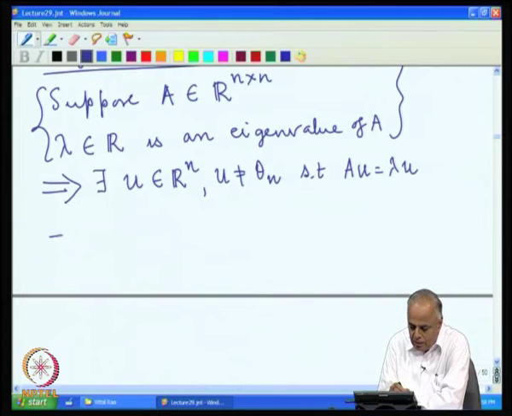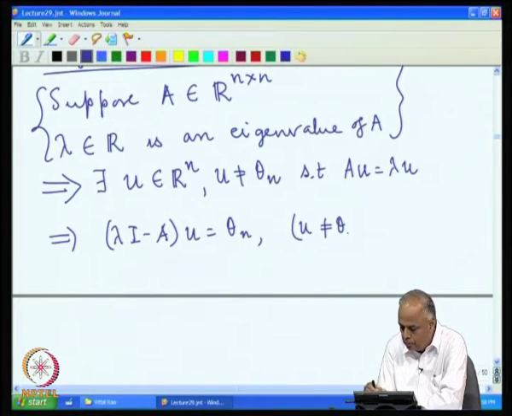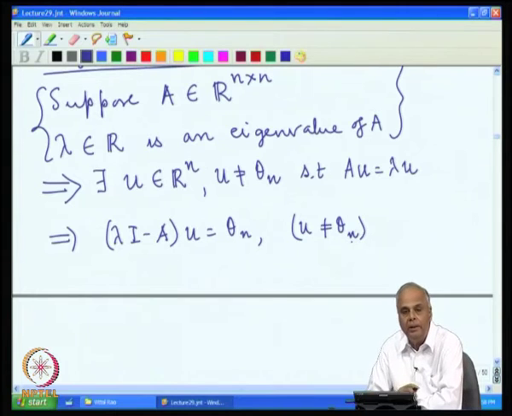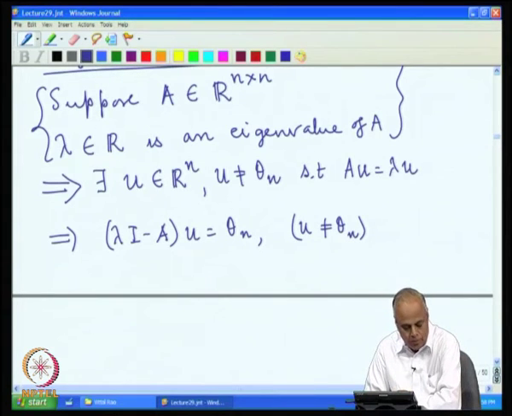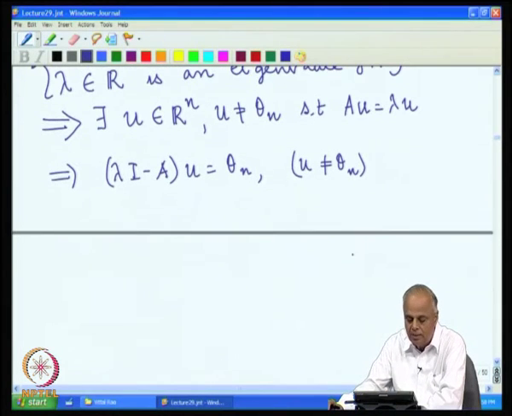If that is the case, this says (lambda I minus A) u equals theta n, and remember u is non-zero. So, there is a non-zero vector u such that (lambda I minus A) u equals theta n. Now, what does that tell us?